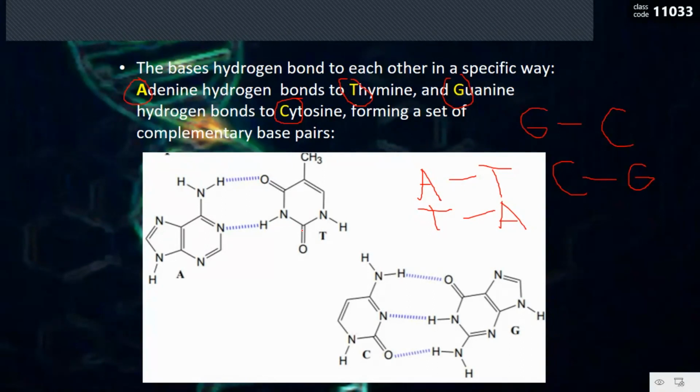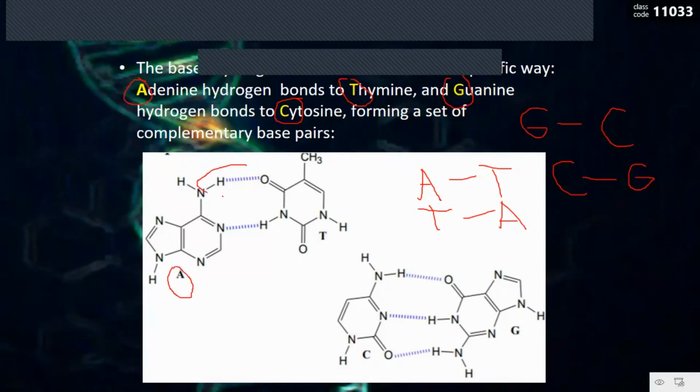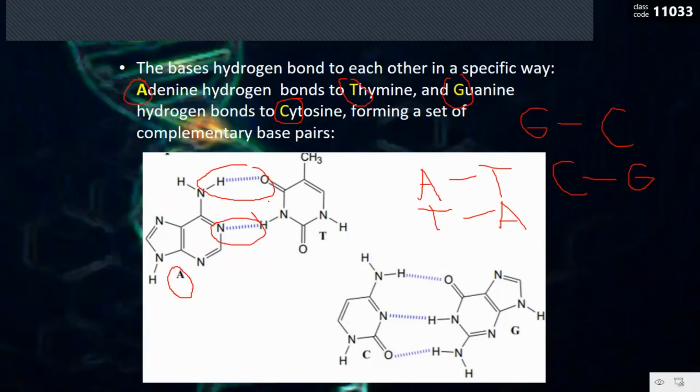Because adenine creates a double hydrogen bond. There are two hydrogen bonds between adenine and thymine. Meanwhile, cytosine and guanine form three hydrogen bonds. So that is their difference.